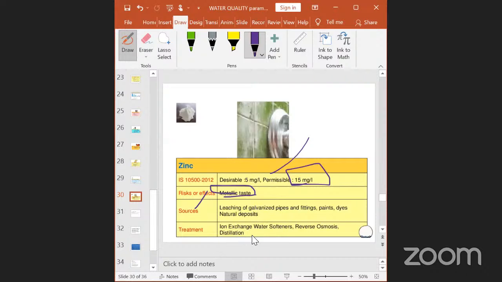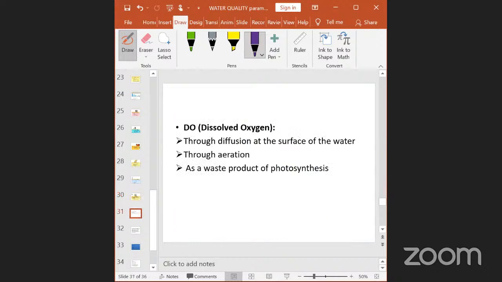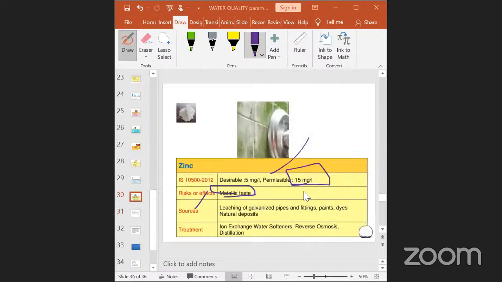Treatments are ion exchange, water softening, RO and distillation. Some phosphates are also there. Phosphates are essential for plant growth, just like nitrates, but too many phosphates are also bad.